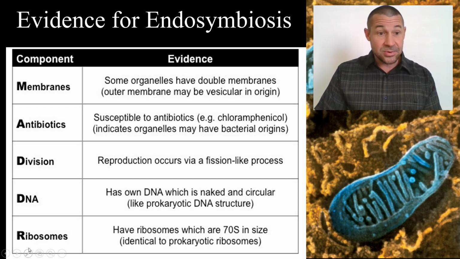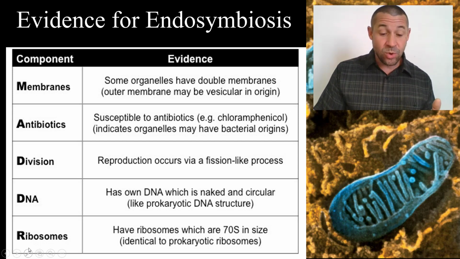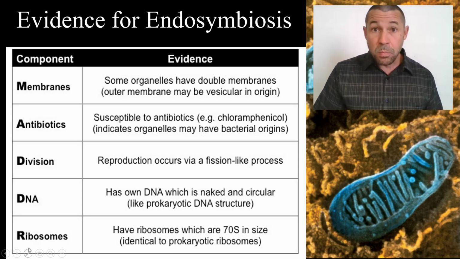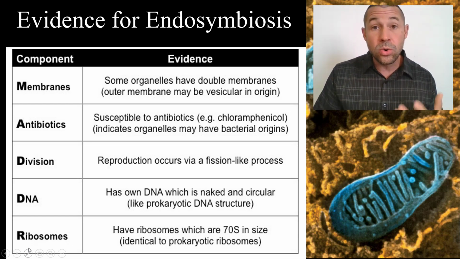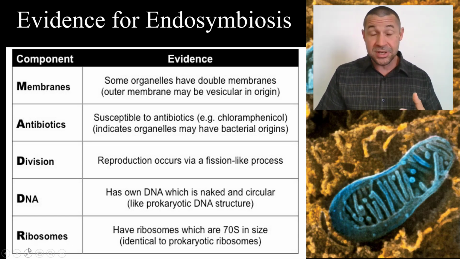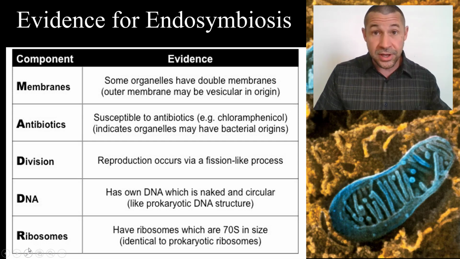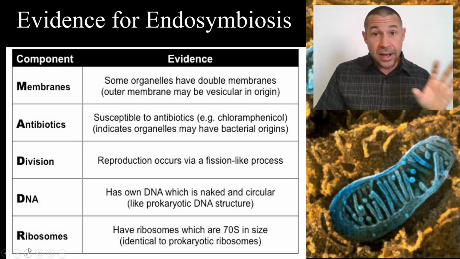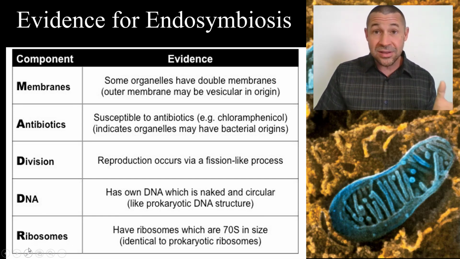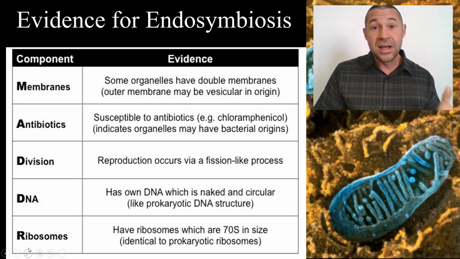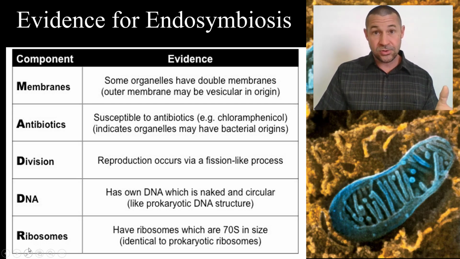The second D, which is quite convincing, stands for DNA. So both mitochondria and chloroplasts, they have their own DNA that's separate from the DNA we find in the nucleus of the eukaryotic cell. And the DNA in the mitochondria and the chloroplasts, it's circular, just like the DNA that we find in free-living prokaryotes.